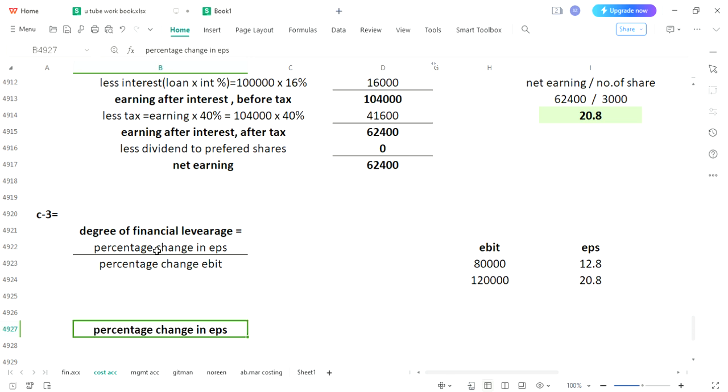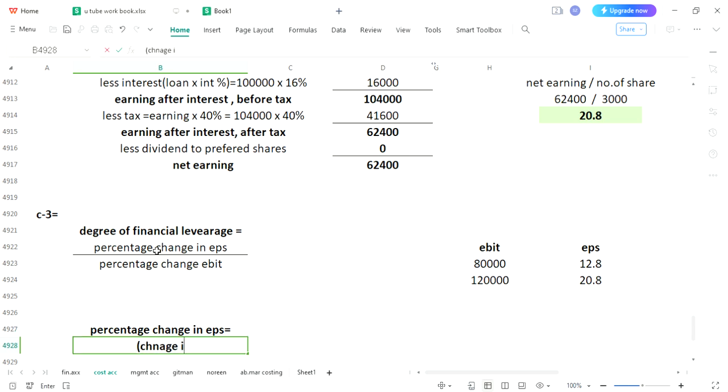And how would you calculate it? There is a very simple formula: change in EPS divided by base EPS, and then you multiply it by 100. In this way you can calculate the percentage change in EPS.